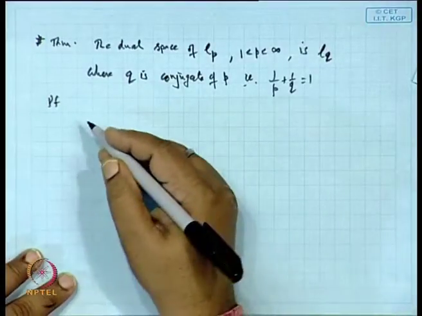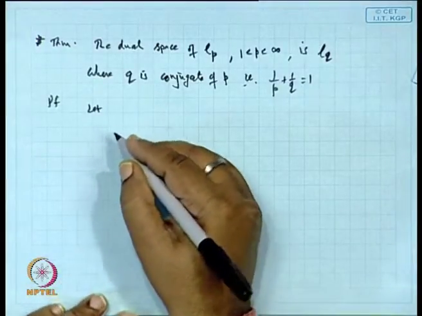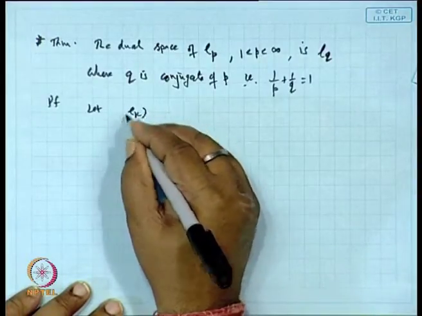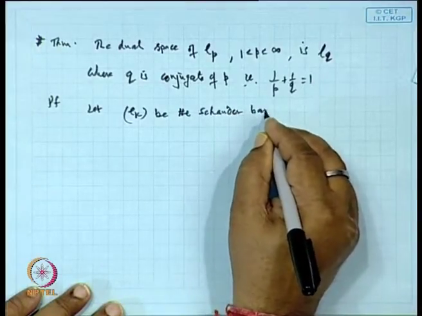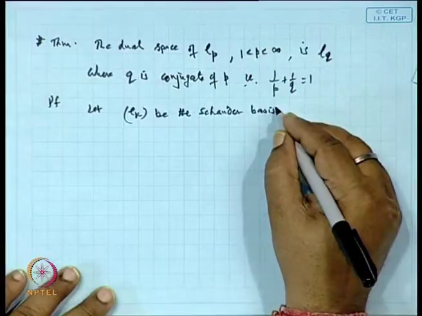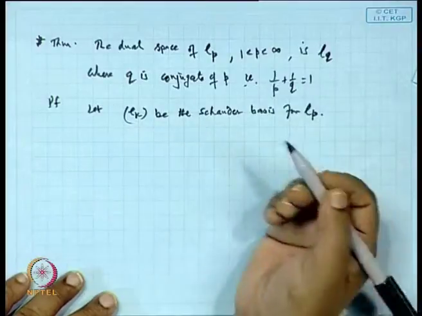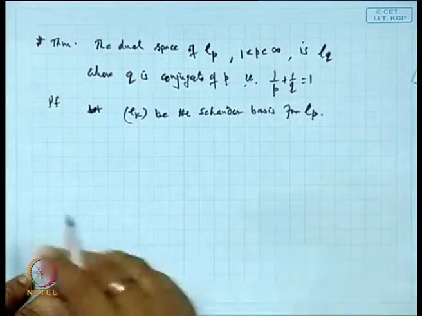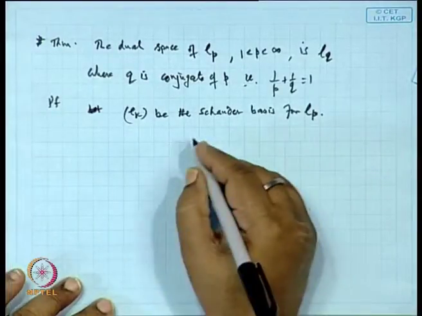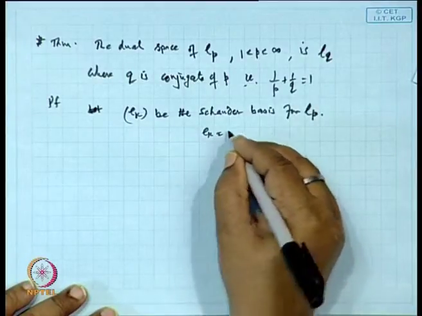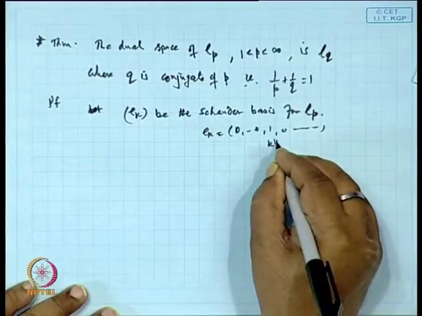Let Ek be the Schauder basis for LP, where Ek is defined as 0 0 0 1 0 0 0, with 1 at the kth place and the rest 0.